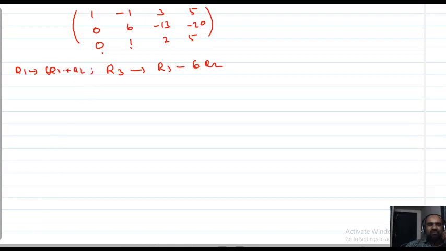Okay, observe students, what happens? 6R1: 6 directly, here 0. 18 minus 13, what is that? 5. 30 minus 20, that is 10. Okay, R3 changed, no change in R2.